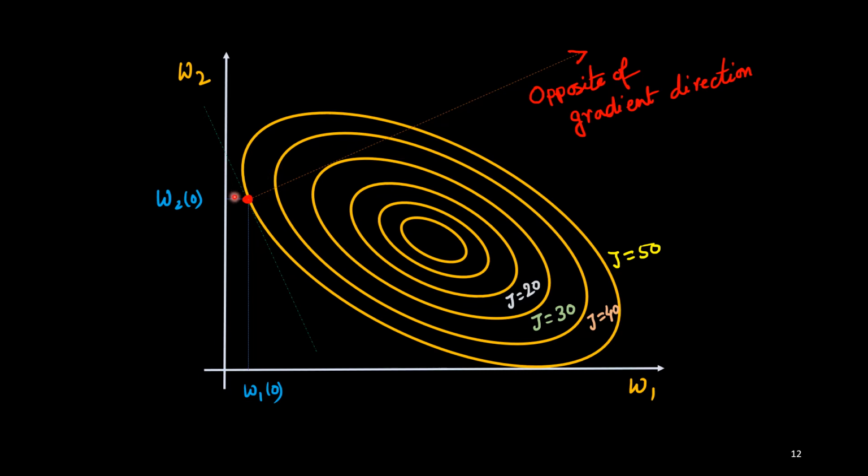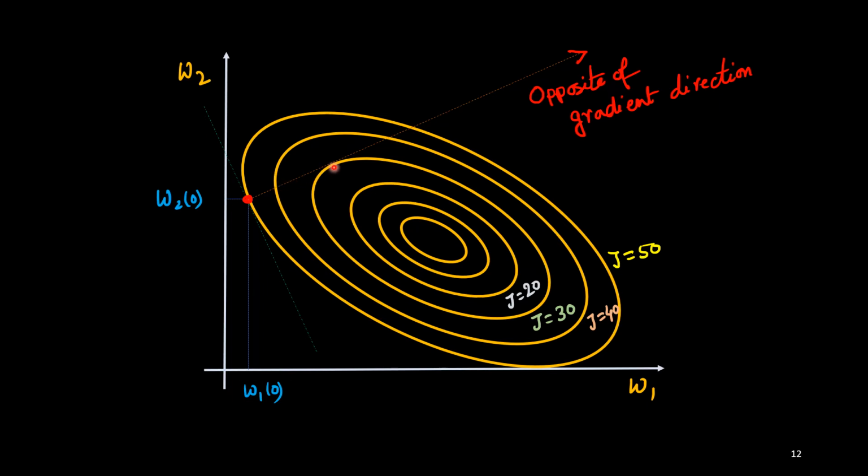In this direction, if we move, we can reduce it, but there is no guarantee that in every position you will get less error. If we end up at this point, then the cost will increase further, so it is not permissible. We cannot accept this point. But if we come up to this point along this line, then this contour value is 40. So at this point, your cost value is reduced to 40.